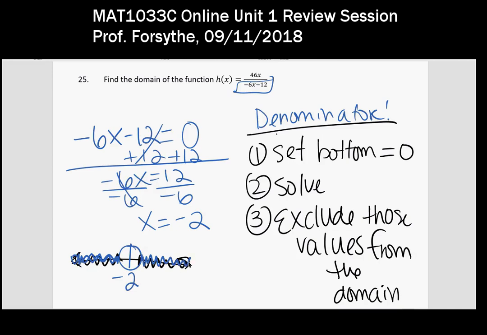So it's like if I had an open circle at negative 2, but everything else is okay. This is how it will look on the number line.